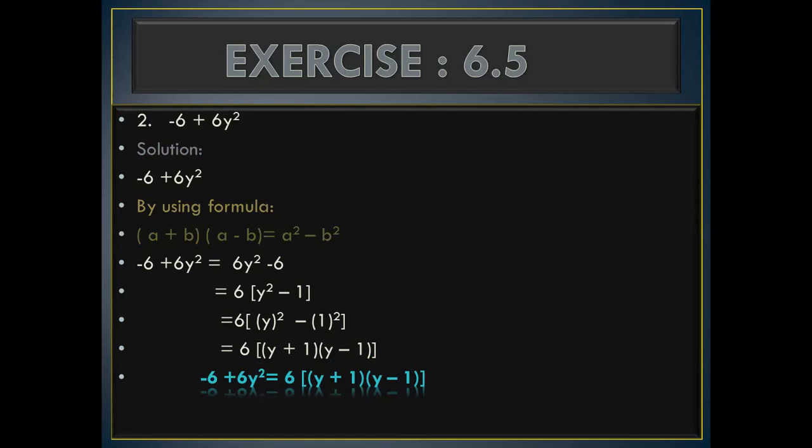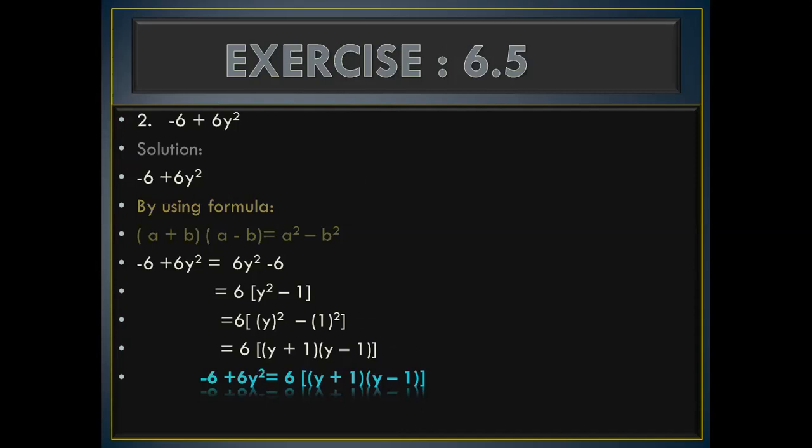So no need to simplify it more, we only apply the formula over here. y is a square of y and 1 is a square of 1. Definitely, a plus b and a minus b, y plus 1 and y minus 1. A is y and b is 1. But you write 6 in the answer because we took 6 common. Throughout all the steps you must write 6.